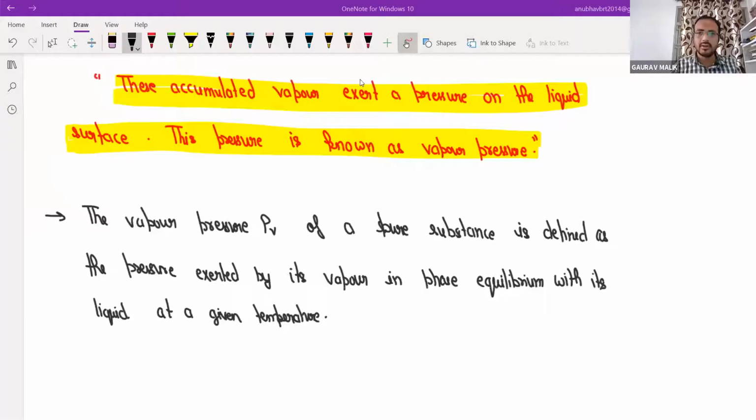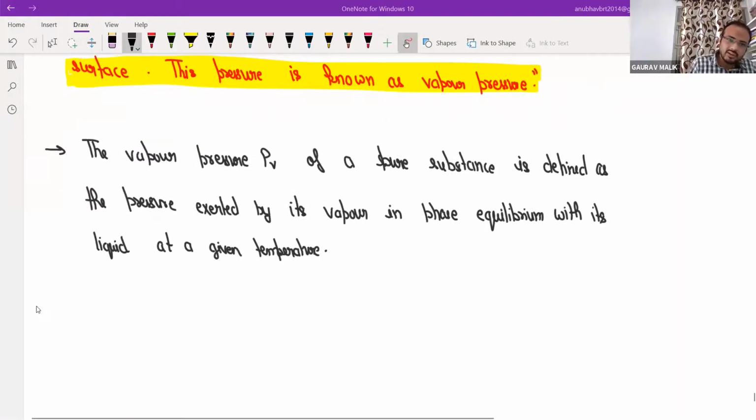You can write one more line about the vapor pressure, otherwise you will get confused.